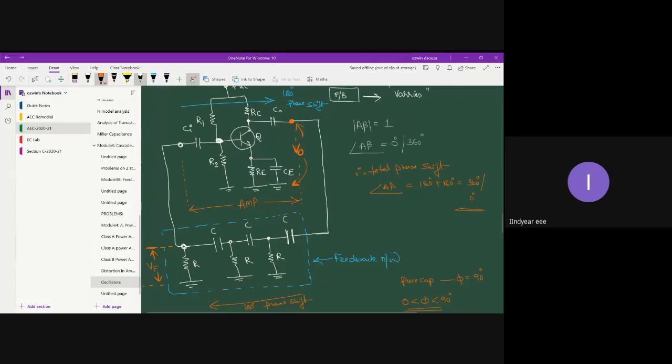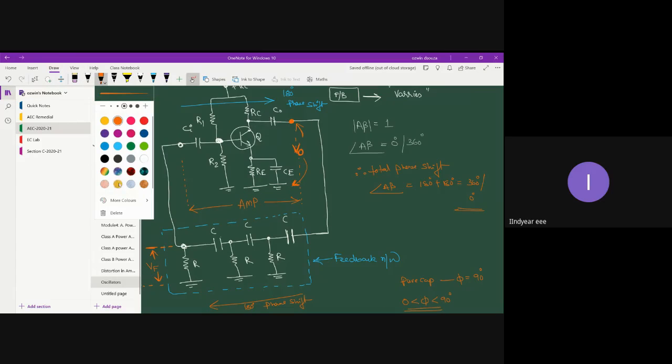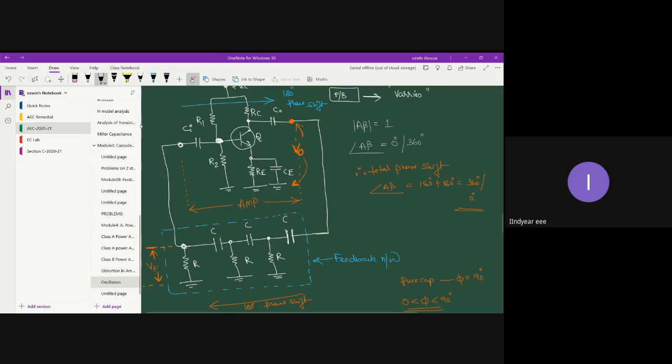So I think in a small scale I can draw. So let's say, for example, this will have a better visibility probably. Let's say, for example, you apply a voltage of this kind.